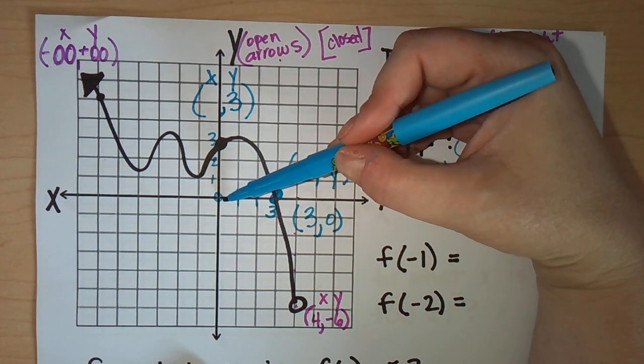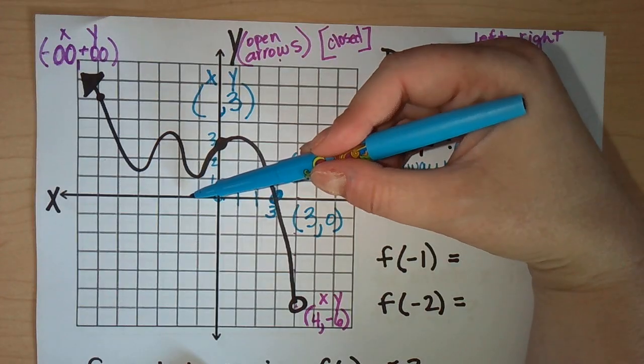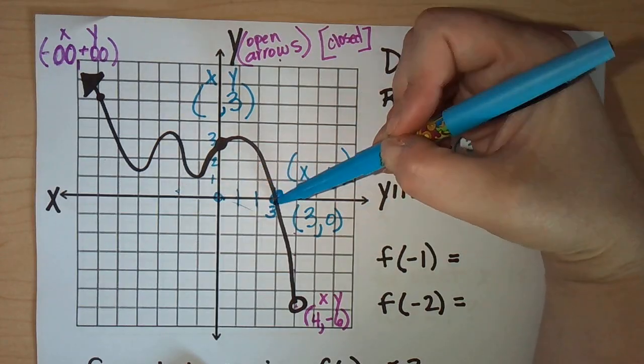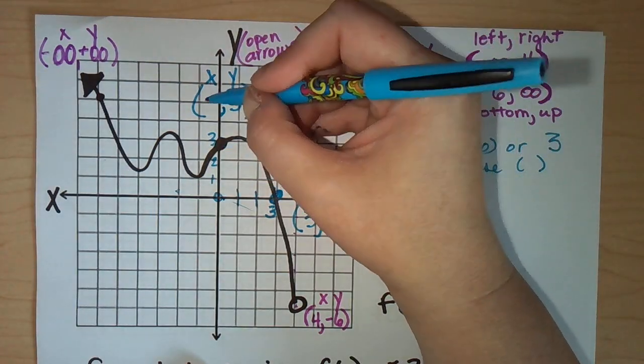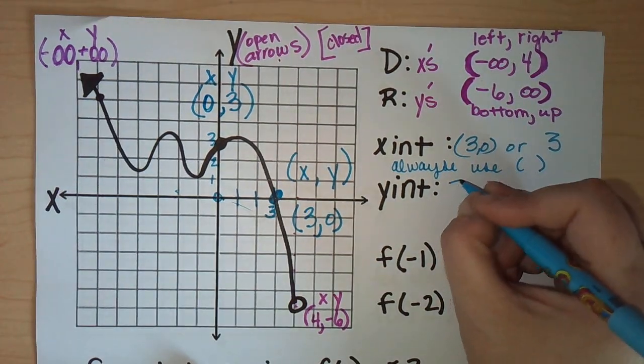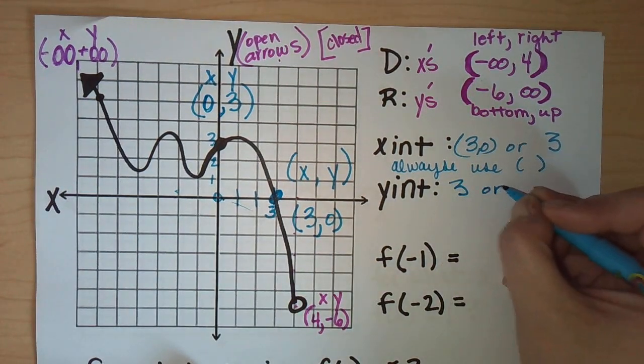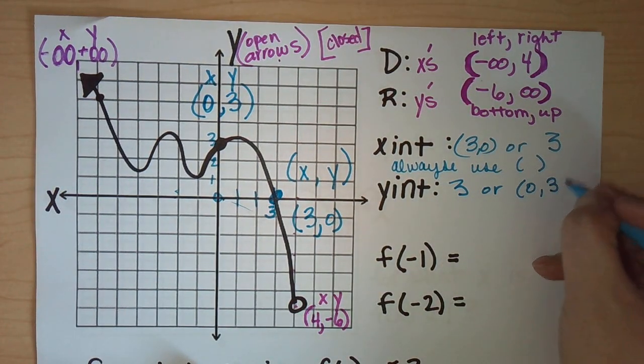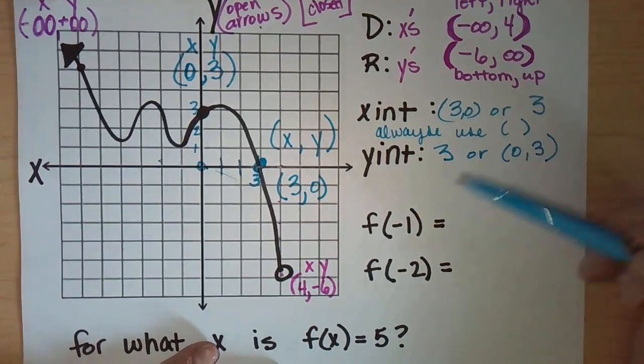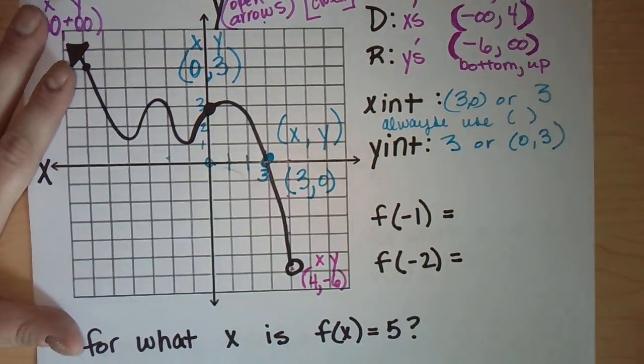My x is just 0 because the dot is not to the left or to the right. We just go straight up. So that's my y-intercept, (0, 3). And I did not mean for it to be all 3's. It just came out that way.